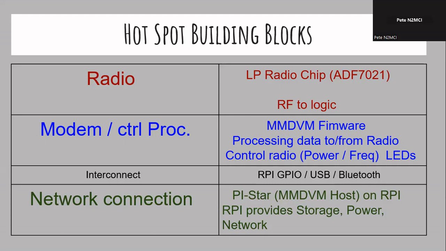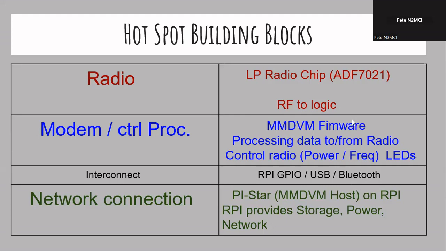There's Windows solutions too, and we'll get to those later, but the most common one is MMDVM host, and the MMDVM firmware resides on the hats. There's two pieces that talk to each other. That's the whole key to MMDVM. There's two pieces, and they work together in unison.